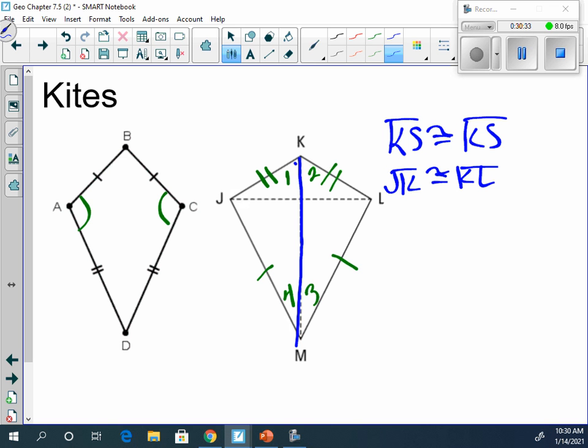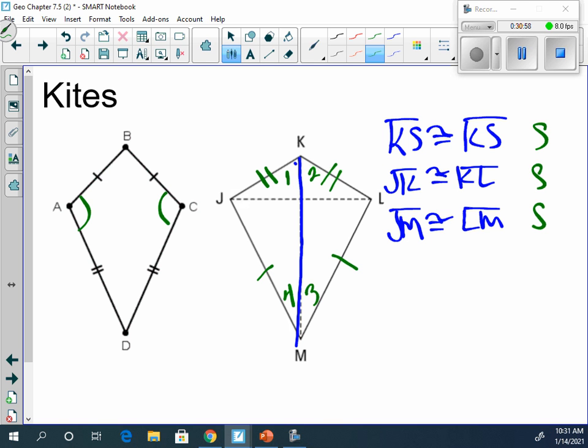The top two lines are congruent to each other. I also know that JM is congruent to LM. Yes? What do I have? I have a set of sides, and a set of sides, and a set of sides. If I have 3 sets of congruent sides, it means the 2 triangles must be congruent. Yes?